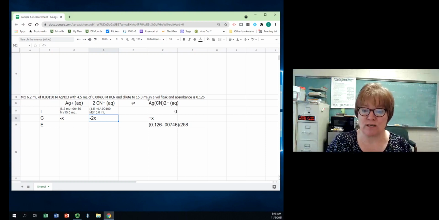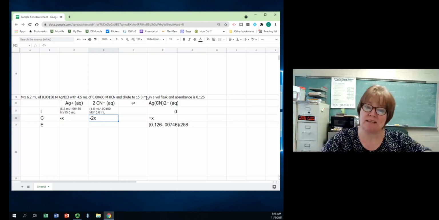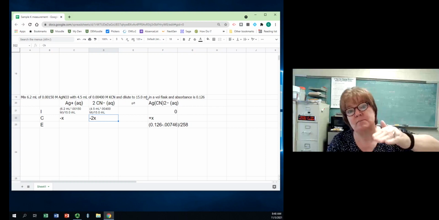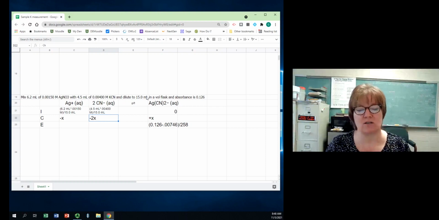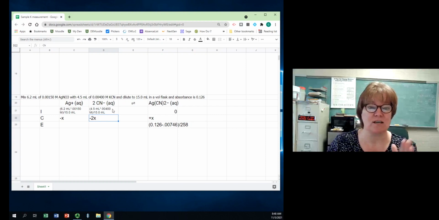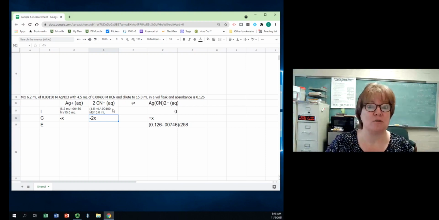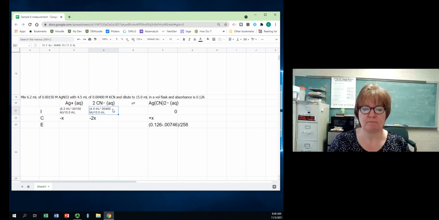My V2 is the 15 milliliters, because I diluted it before I started reacting it. When I mix them together in this 15 milliliter flask, they start to react, but it's actually kind of diluted the initial concentration. So initial means not initial in the stock bottle, but initial before the reaction began. And similarly for the cyanide ion, it's 4.5 times 0.004 divided by 15.